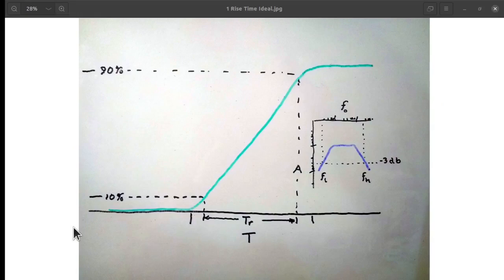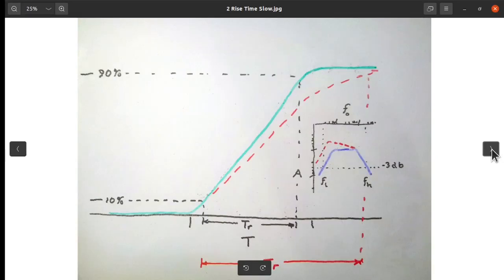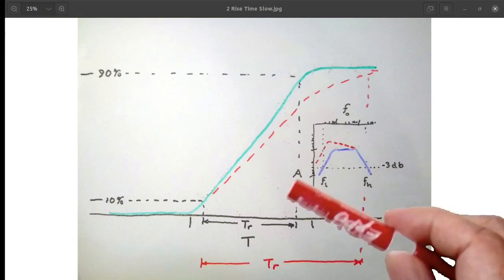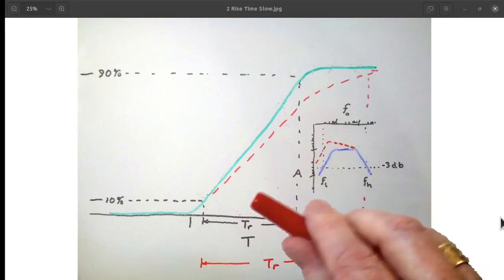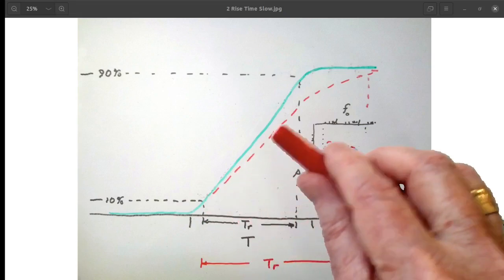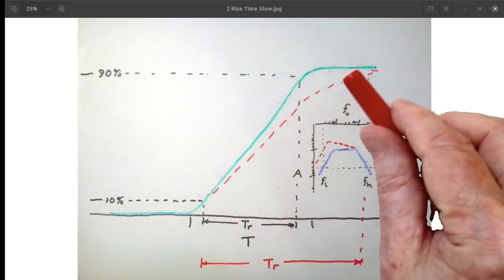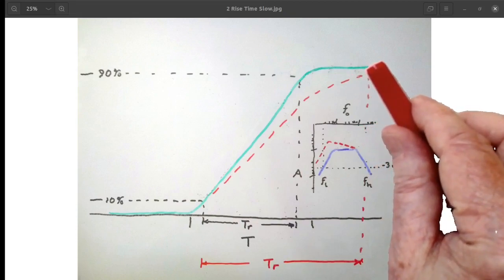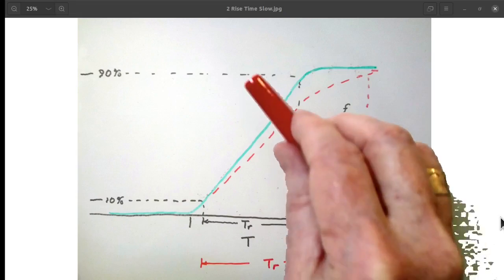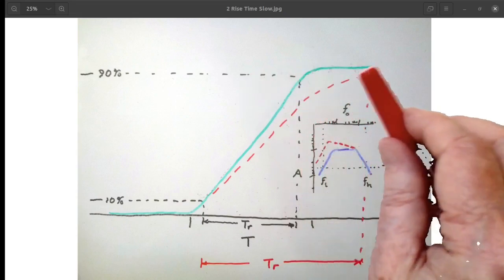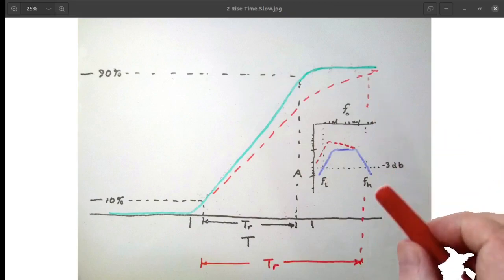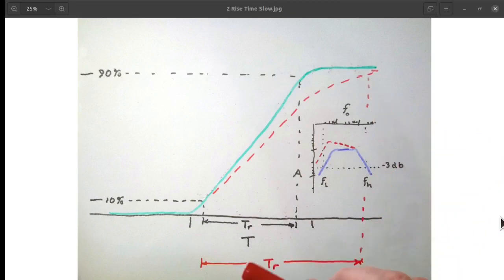But we're not always provided with that in life. And frequently we will encounter a situation where the rise time is something slower and more rounded as it reaches the top. Again, we're still using the 90% mark, which travels over to this point and drops down to the timeline here to give us this TR, a new TR.